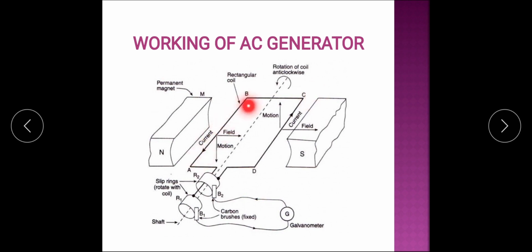Similarly, we will apply Fleming's right hand rule on arm AB, and you can see that when it is rotating anti-clockwise, the force will be acting in the downward direction, the field is pointing from north towards south, so we will get the direction of induced current from B to A, which will pass to ring R1, from there it will go to brush B1, and the direction of current in the external circuit will be from B1 to B2.